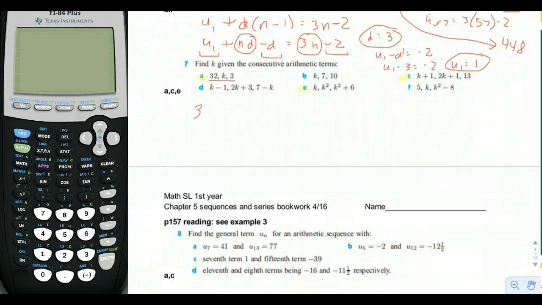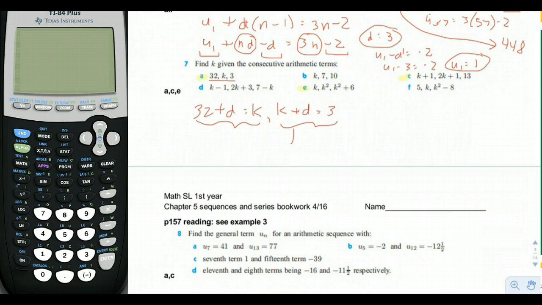So 32 plus d would be equal to k, and also k plus d would be equal to 3. Using these two equations in algebra, we can figure that out.